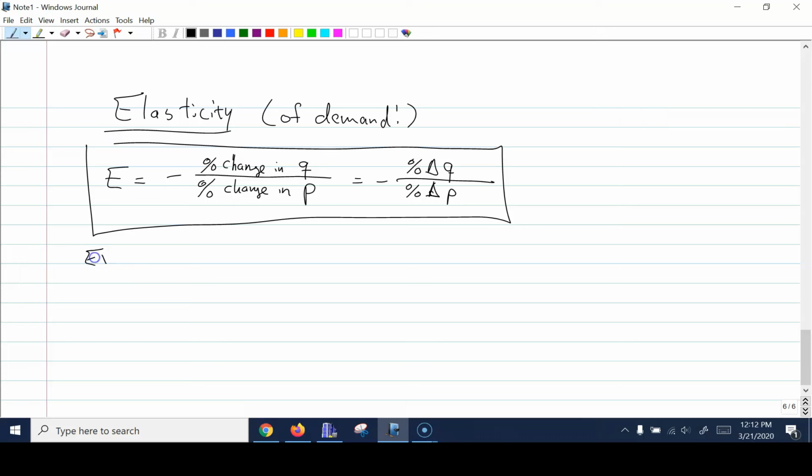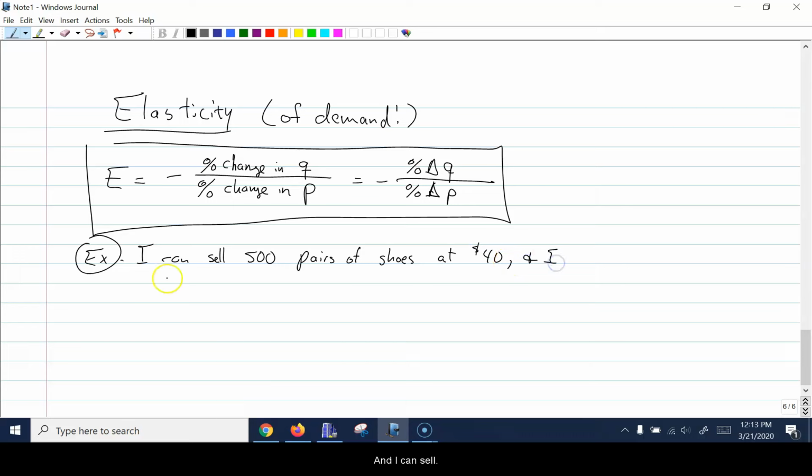So for example, do I have an example written down? I can sell 500. What am I going to sell? I'm going to sell pairs of shoes. I can sell 500 pairs of shoes at $40 each.